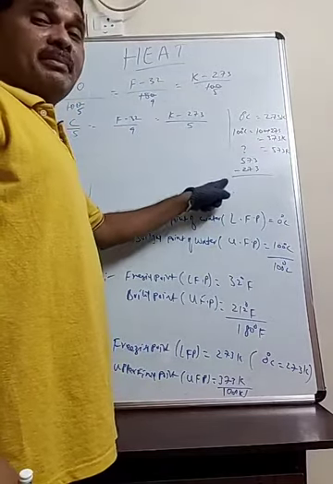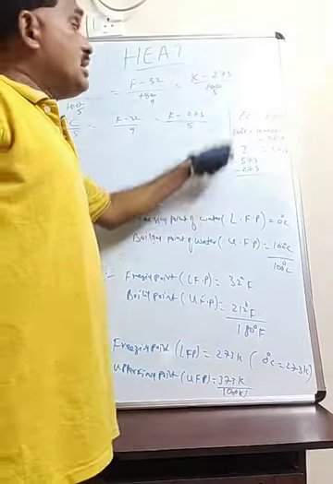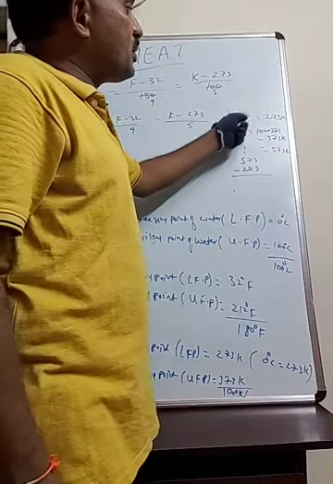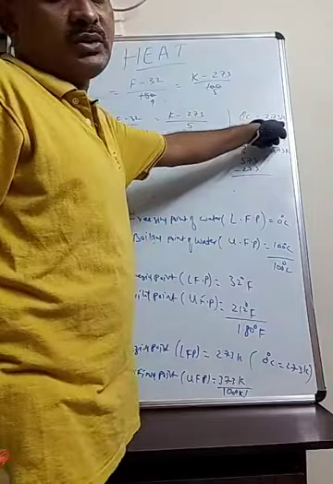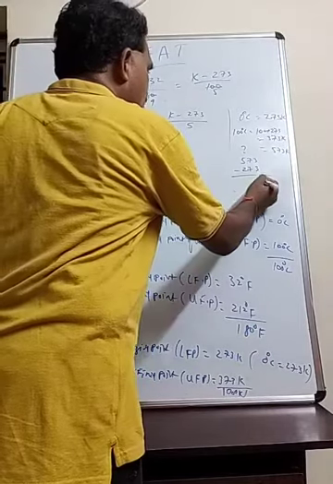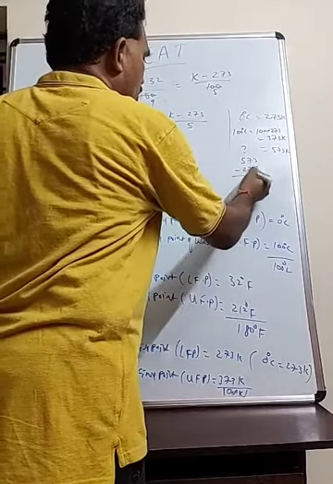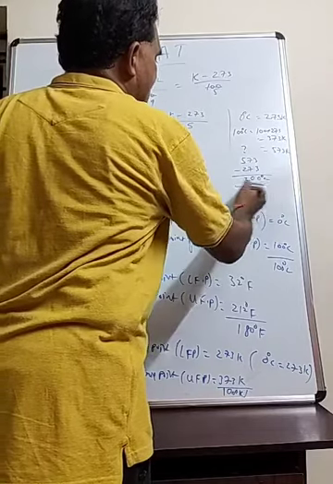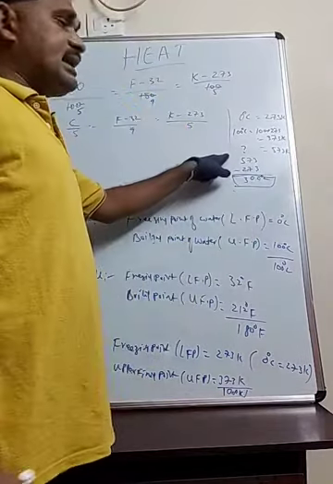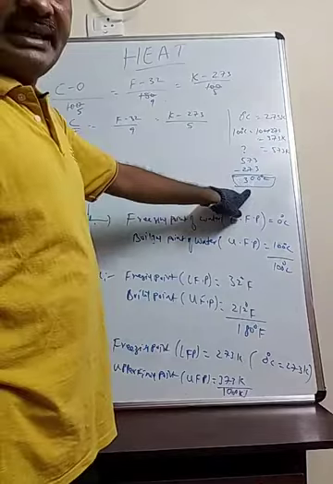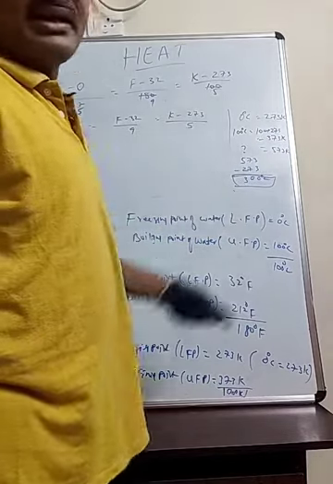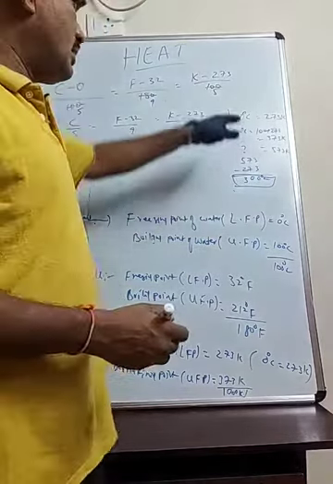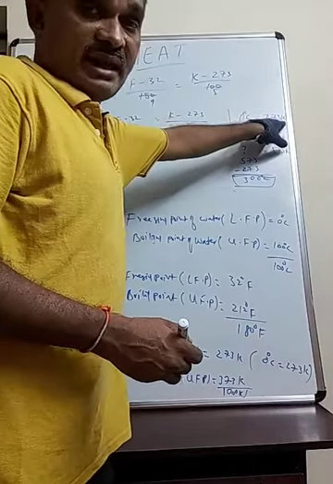And if a degree Celsius value is to be converted into kelvins, you have to add 273. So 573 kelvins means 300 degrees centigrade. In this way we can convert degrees Celsius to kelvins.